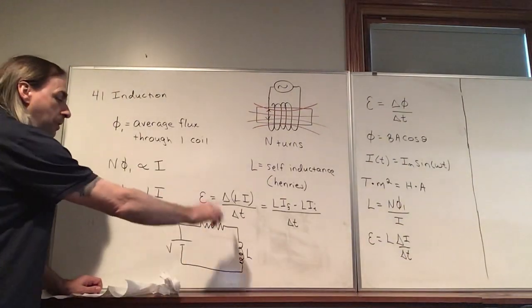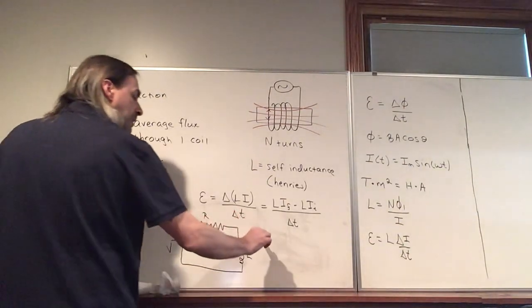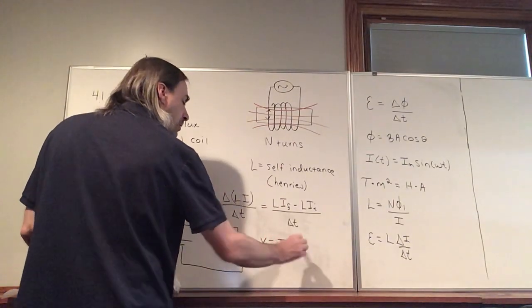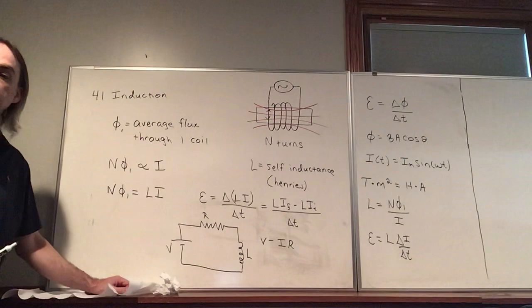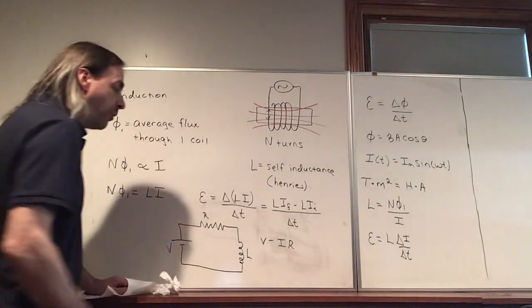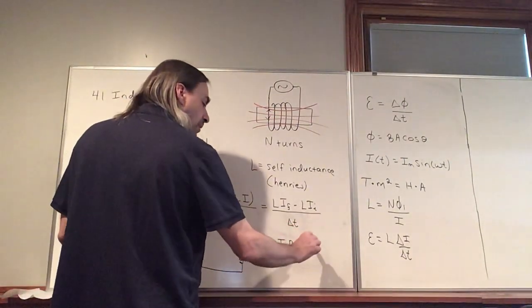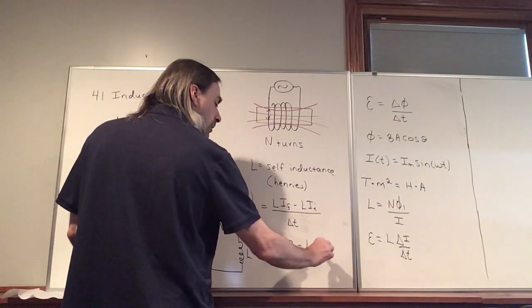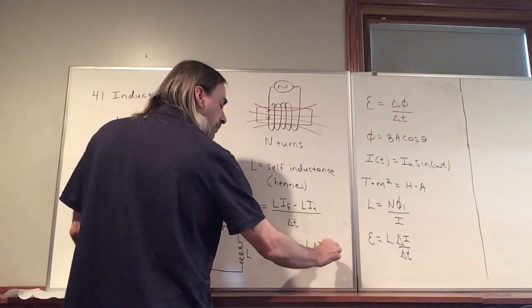So let's apply the loop rule here. We could say V minus IR. So there's a voltage drop across the resistor. There's also going to be a voltage drop across this inductor, which is L delta I over delta T.